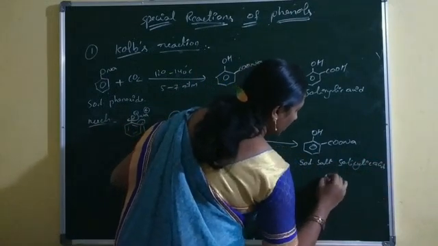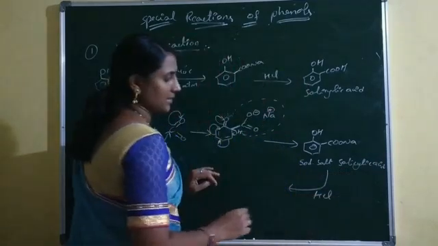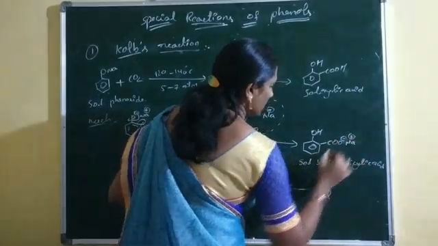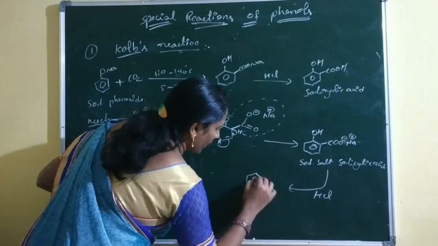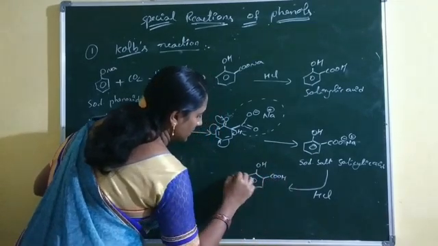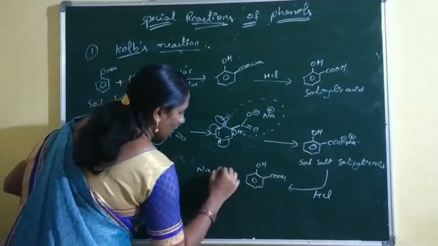Now the sodium salt of salicylic acid is treated with hydrochloric acid to form salicylic acid, and the byproduct is sodium chloride.